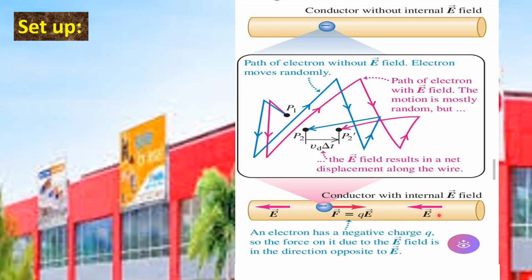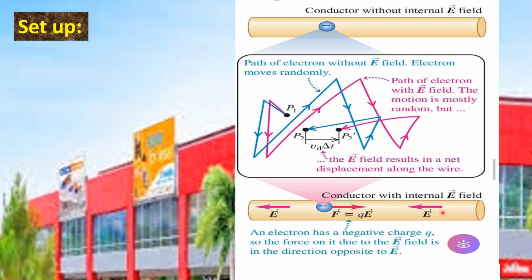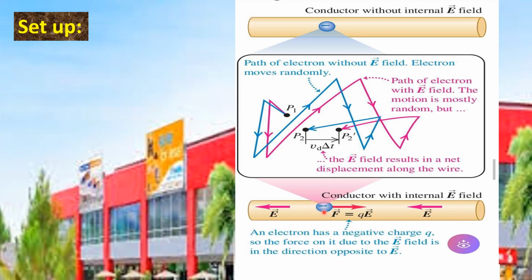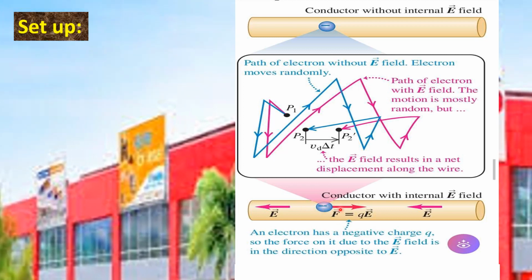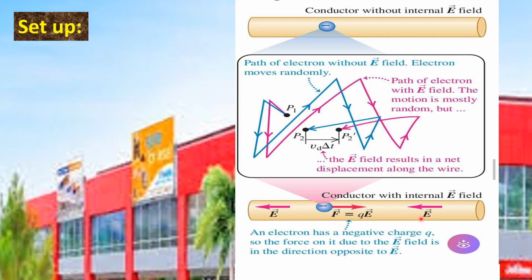So while the electric field in the conductor is directed to the left, the force acting on the electron is directed to the right.